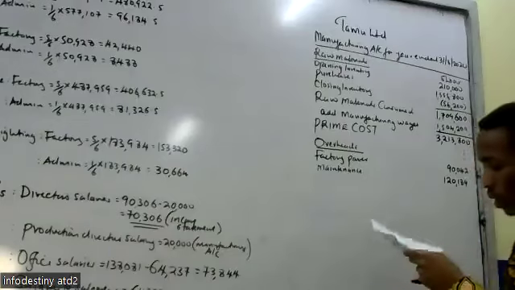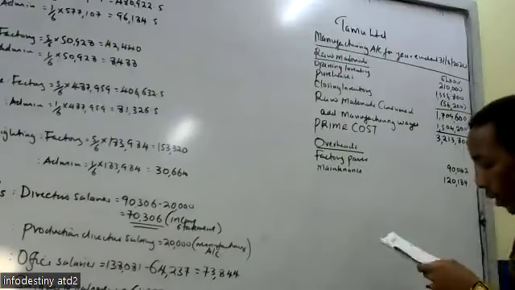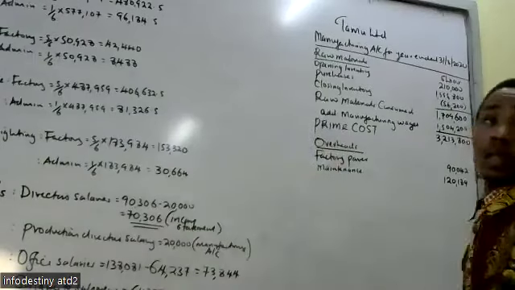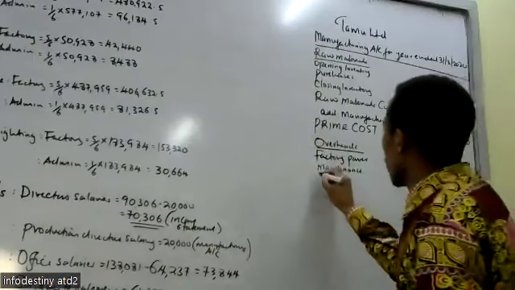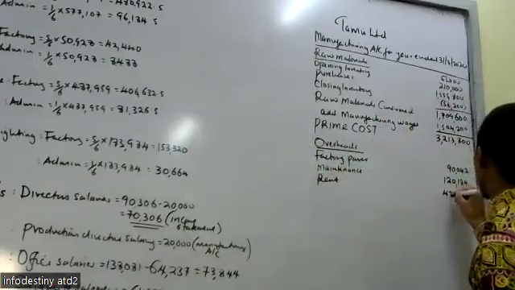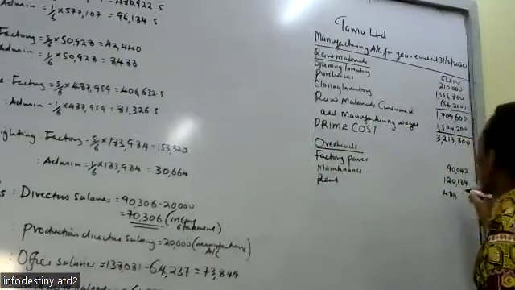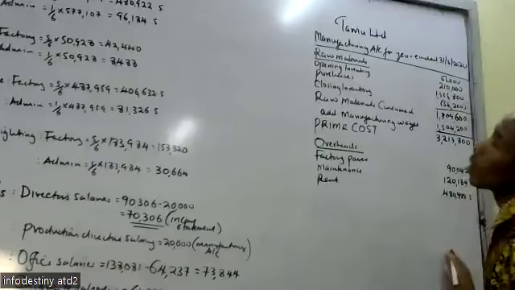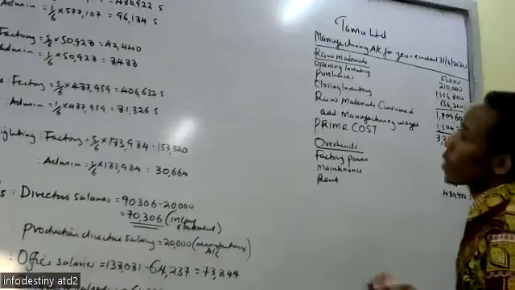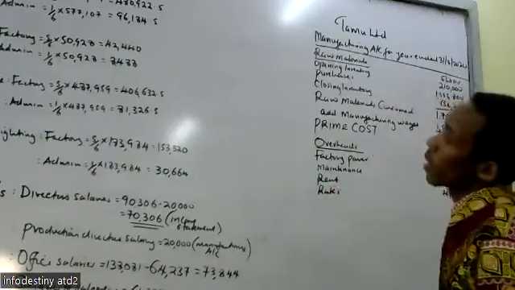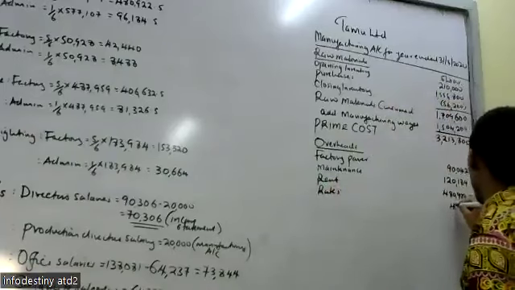All right, so we proceed to the additional information now. We pick their apportionments. So we pick rent, an amount of 489,225. Next is rates, an amount of 42,440.